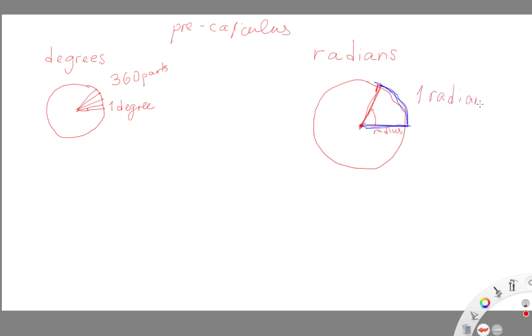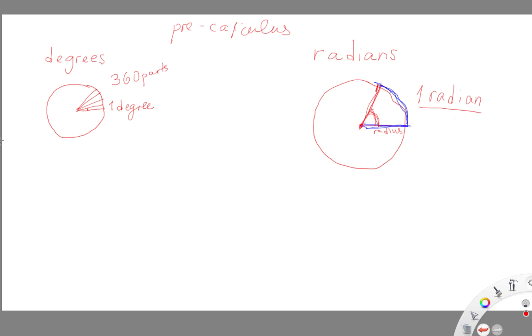It has a measure of 1 radian. So again, I take a circle, I measure the radius of the circle, and then I stretch it out along the circumference of the circle. I measure an arc which is as long as the radius, and the angle across from that arc has a measure of 1 radian.